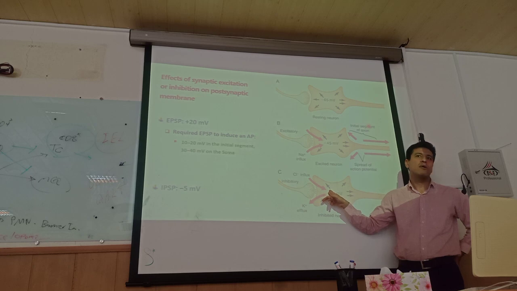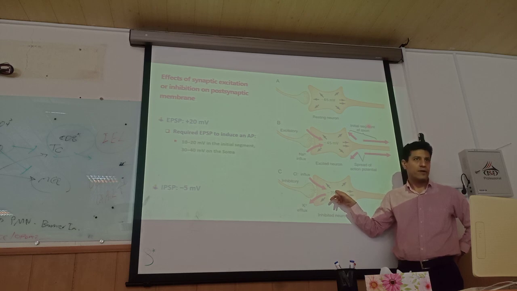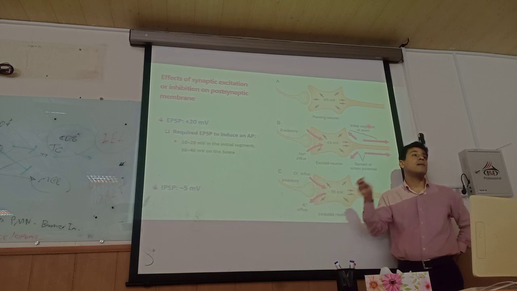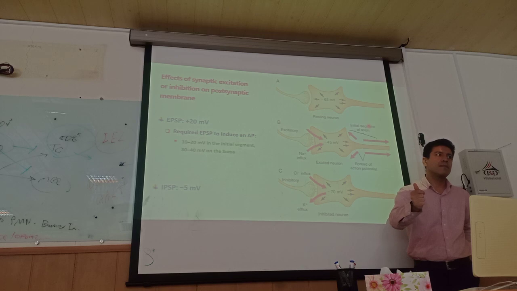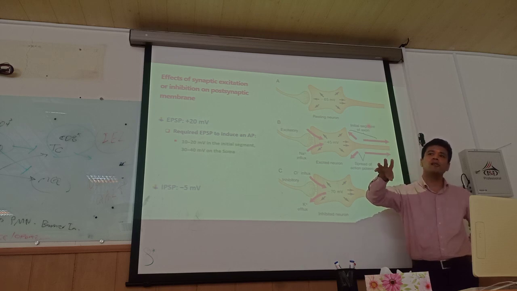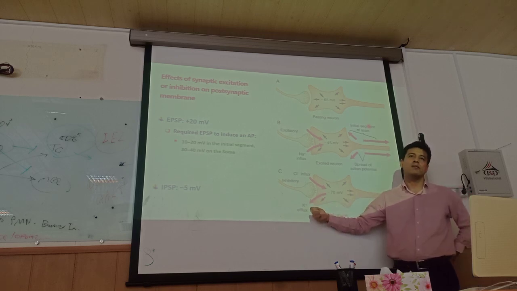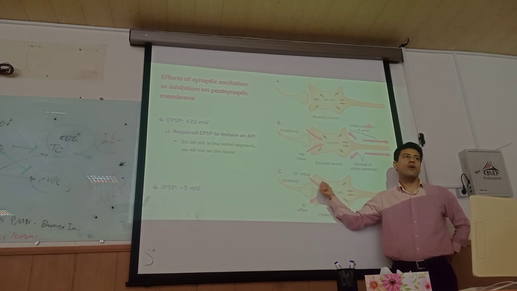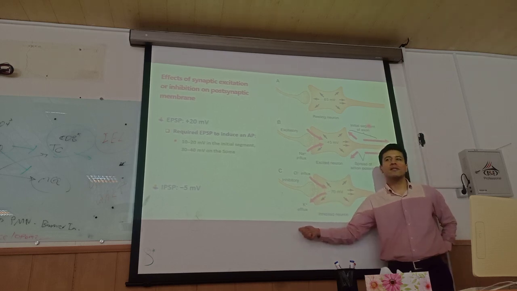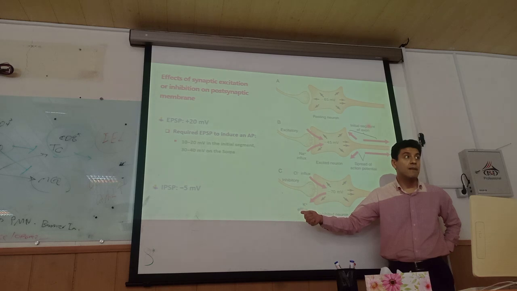GABA binds to the channel, opens the channel, and chloride goes into the cell. It's an ionotropic receptor, right? GABA B receptor is a metabotropic receptor. GABA binds to the receptor, starts a second messenger system, then the final result is opening of potassium channels. Potassium goes out of the cell. So GABA can activate chloride current or potassium current, depending on the receptor.